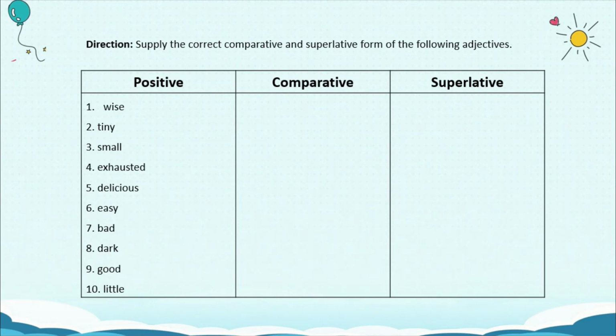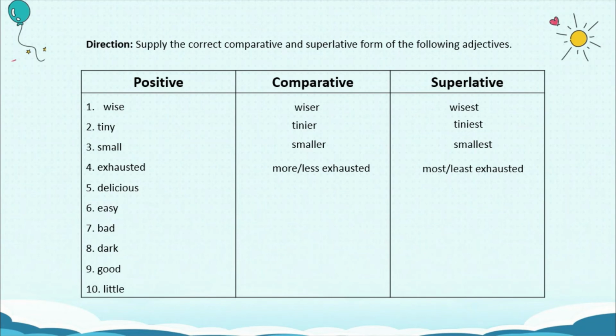Shall we now check your answers? Wise, wiser, wisest. Tiny, tinier, tiniest. Small, smaller, smallest. Exhausted, more or less exhausted, and the superlative form is most or least exhausted. Delicious, more or less delicious, and the superlative form is most or least delicious.